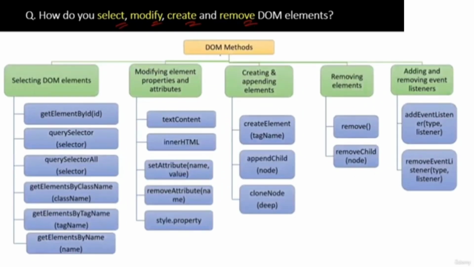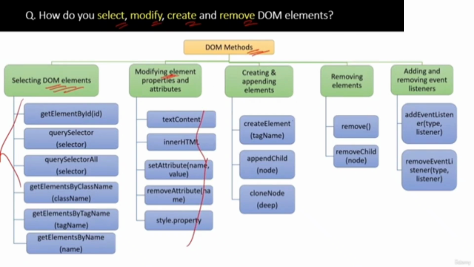How do you select, modify, create and remove DOM elements? Good question. Here is a list of almost all the JavaScript methods that are used to select, modify, create and remove elements from the DOM or HTML. First, these methods are used for selecting the DOM or HTML elements. Then these are used to modify the elements, properties and attributes of the DOM elements.